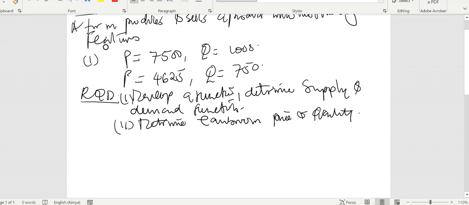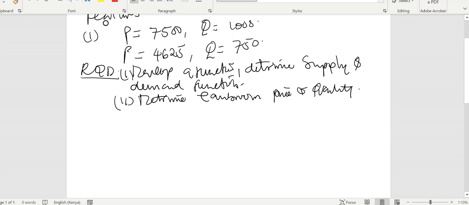Which function is linear? Linear function. So you come and say y is equal to a plus bx.